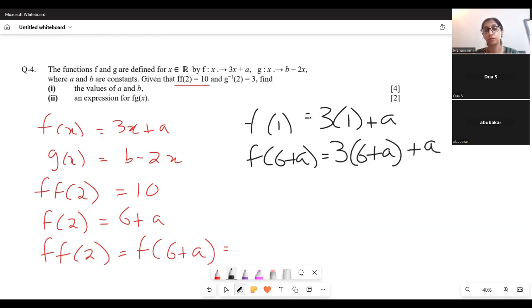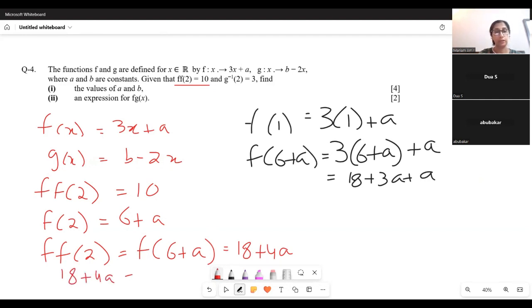So it's going to be 18 plus 3a plus a, so 18 plus 4a. So ff2 is 18 plus 4a, and that is equal to 10. So you solve 18 plus 4a equals 10, so a equals 2. So we have the value of a equals 2.